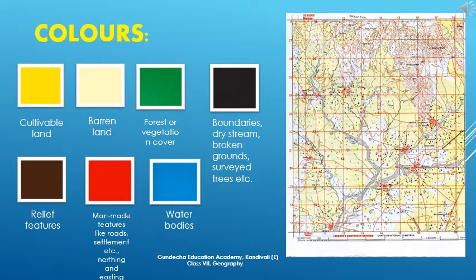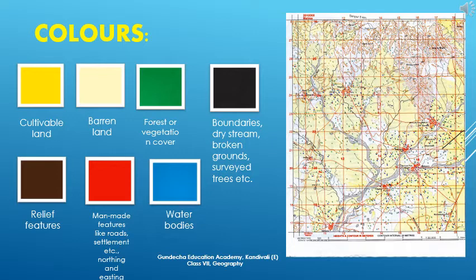Next is colors. On a topographical map, the cartographer generally uses 7 basic colors to represent different features. These colors are yellow, white, red, black, brown, green and blue. These colors have different meanings on a topographical map.